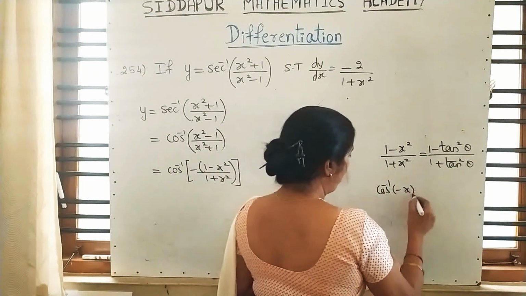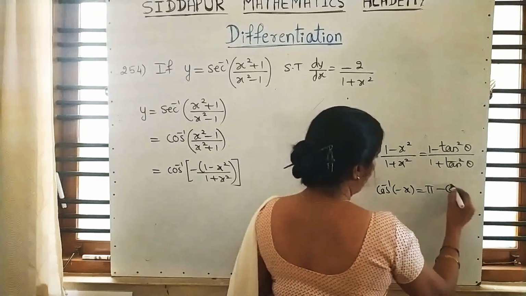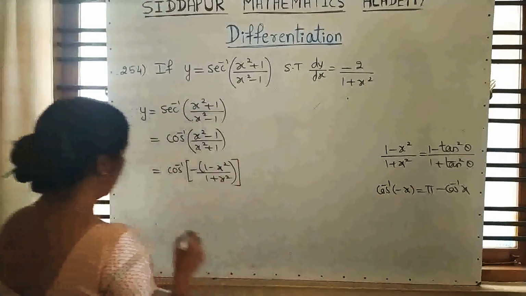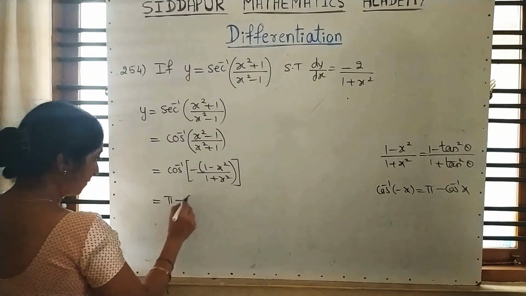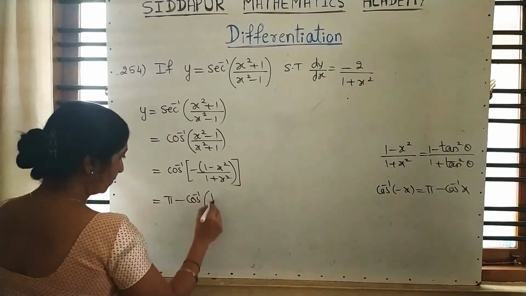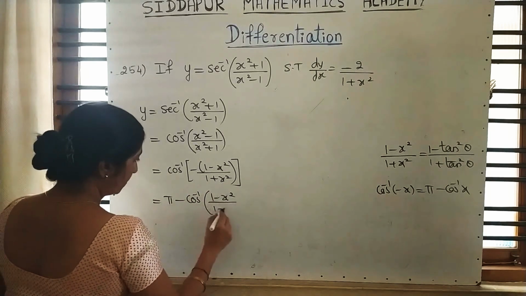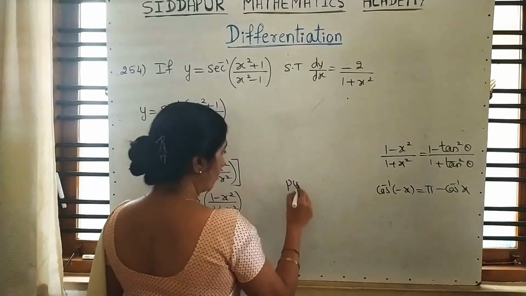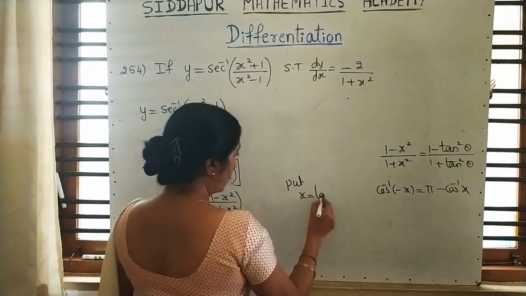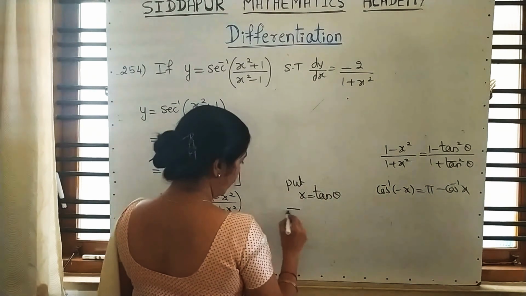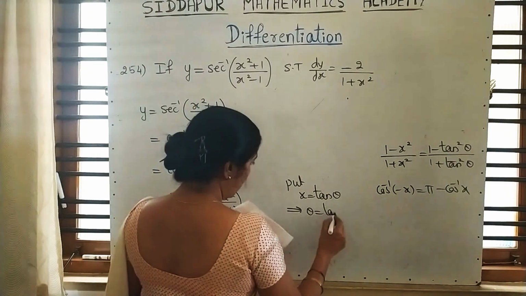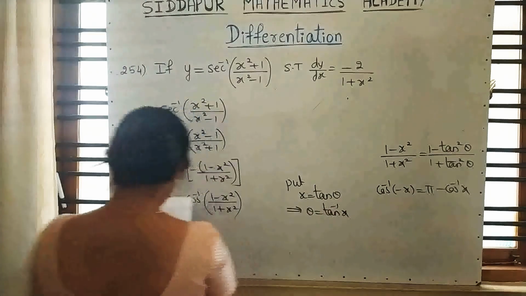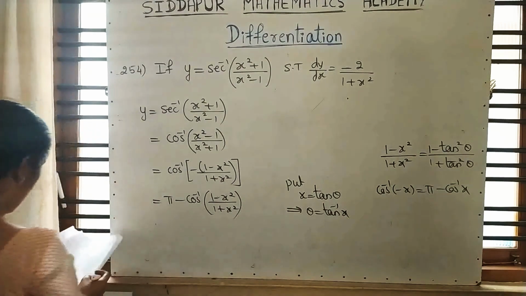Cos inverse of minus x is pi minus cos inverse x. And by seeing this, you know what will be the substitution. The substitution is x is equal to tan theta. Theta is tan inverse of x.